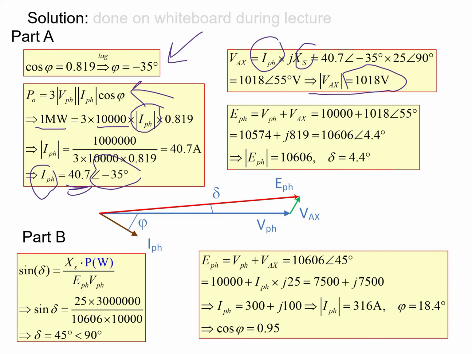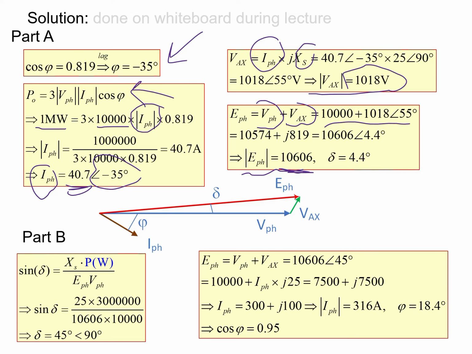Now, in order to determine the excitation voltage, it is the phasor summation of the voltage per phase and the voltage across the inductive reactance. If we add the phasors, we will get the magnitude of the excitation voltage.